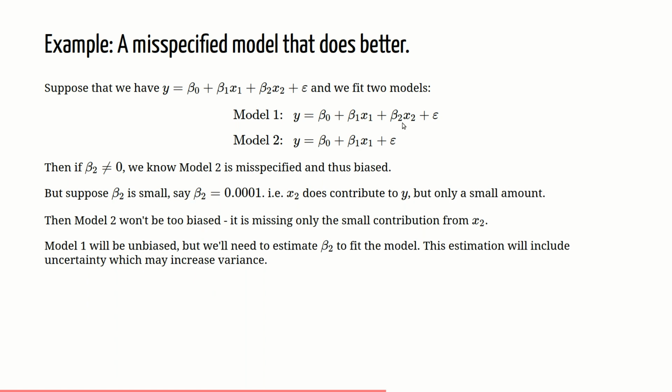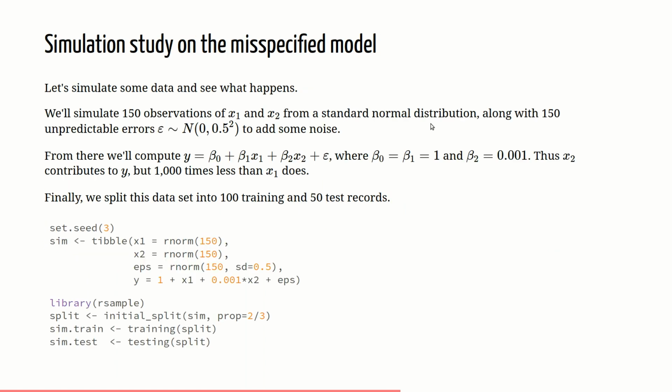And that uncertainty might give rise to higher variance from model 1. Model 2 we know is going to be wrong, right? It's going to be biased because we're not including the effect of x2. But the effect of x2 is actually small, so by not having to estimate it, we may reduce our variance. So we're going to be biased, so that's going to be a problem, but maybe we'll have lower variance. And those two things can trade off against each other.